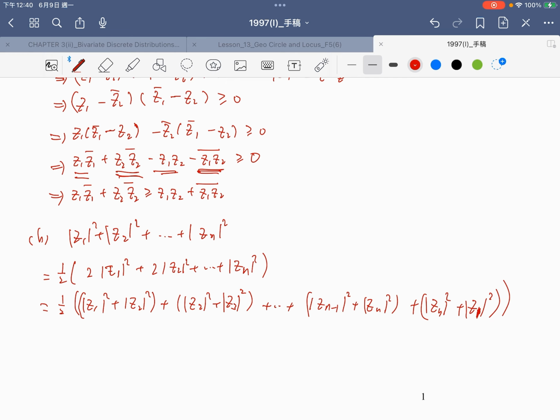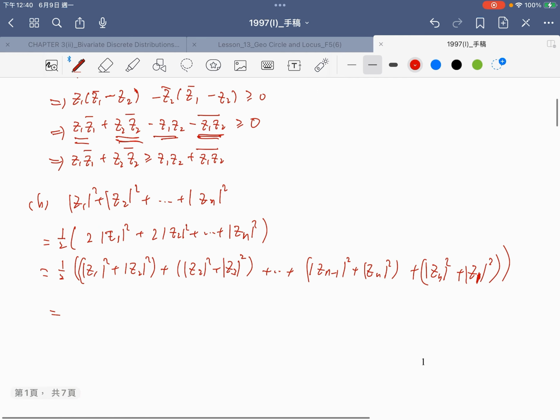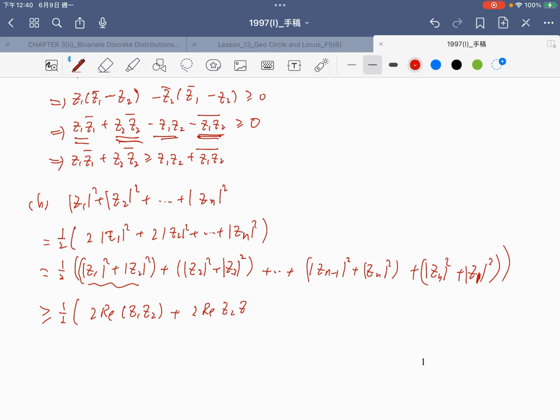Then finally, by part A, this is greater than 2 real part of Z1, Z2, this is greater than 2 real part of Z2, Z3, and so on, and 2 real part of Zn times Z1.